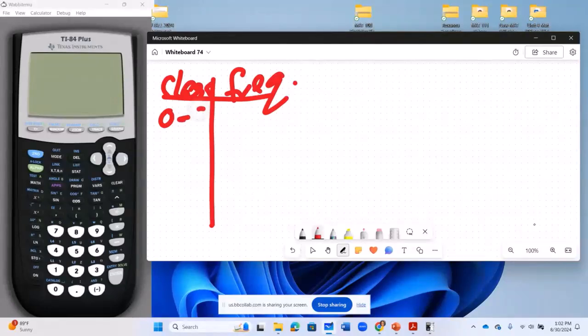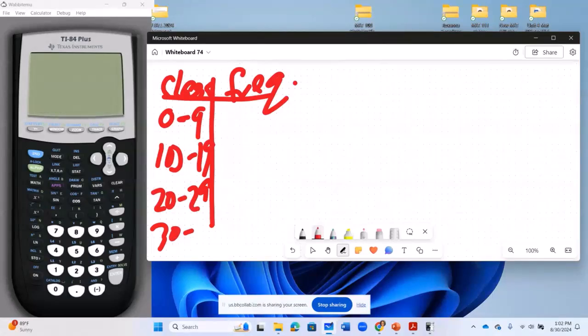How many of them will I find? Then between 10 and 19, between 20 and 29, between 30 and 39, between 40 and 49.